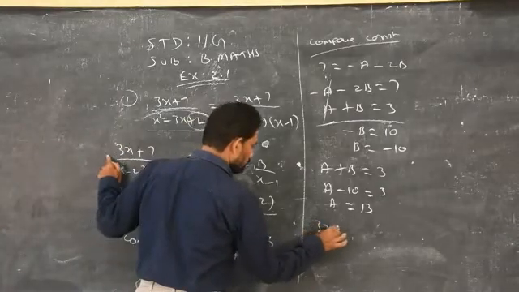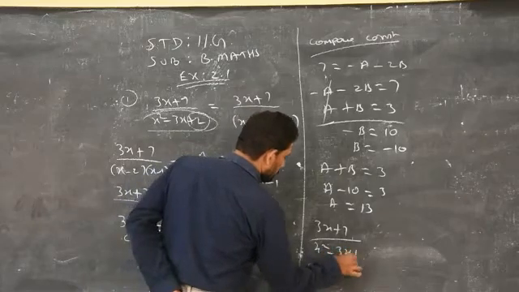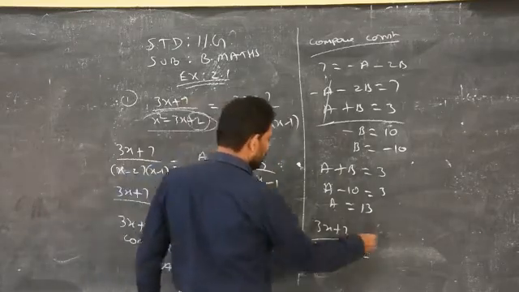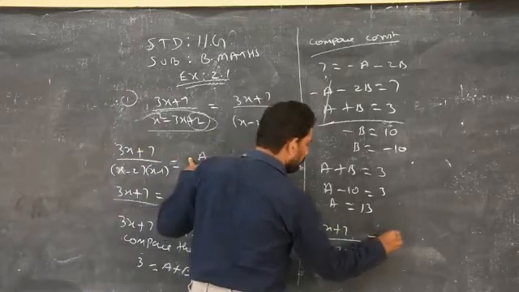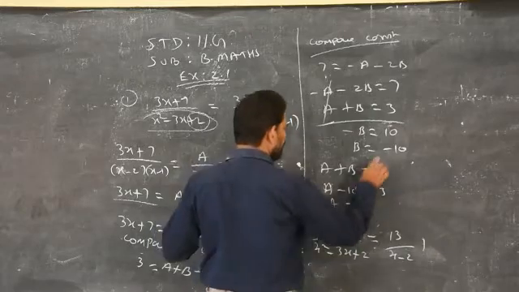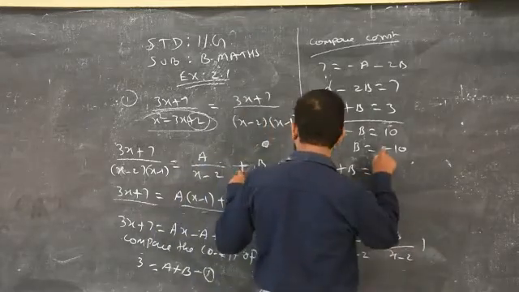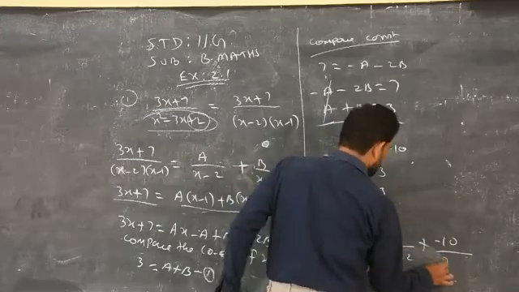Once you find the values for a and b, just replace them. Write down the question: x square minus 3x plus 2 is equal to, this a should be replaced by 13. 13 by x minus 2 minus, here plus, so plus into minus, minus, or you can write minus 10 by x minus 1.